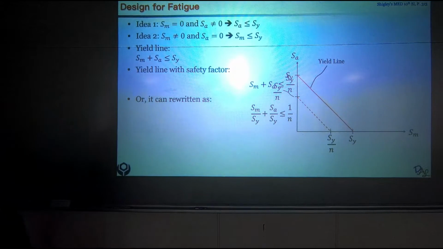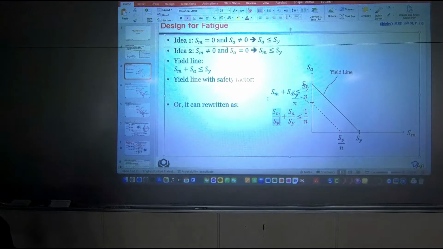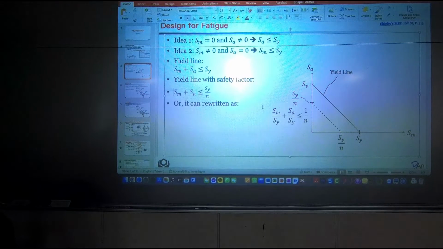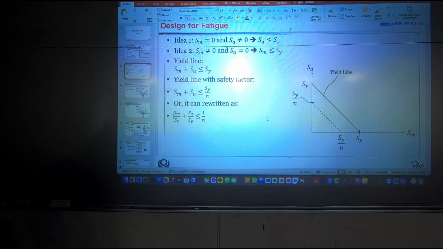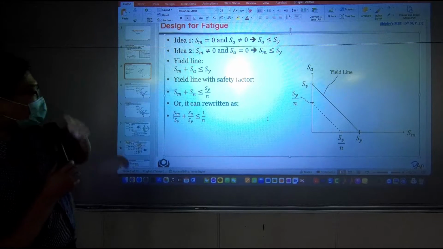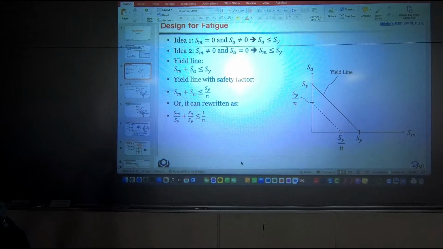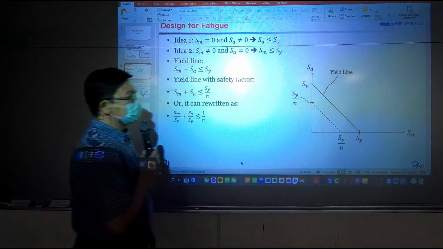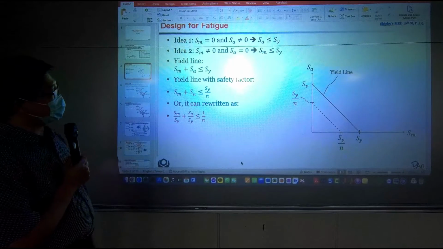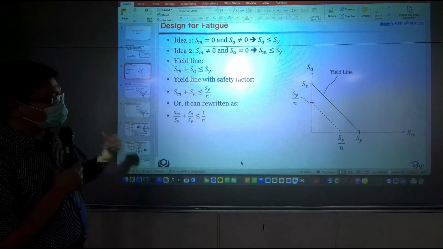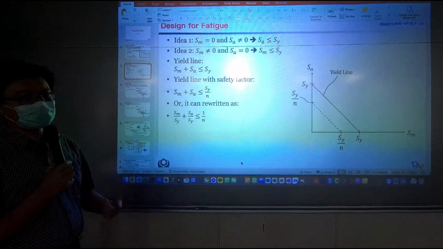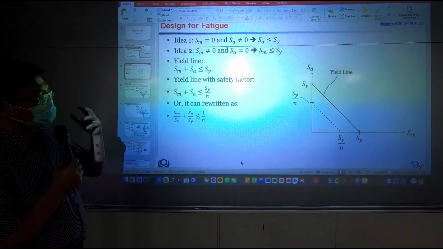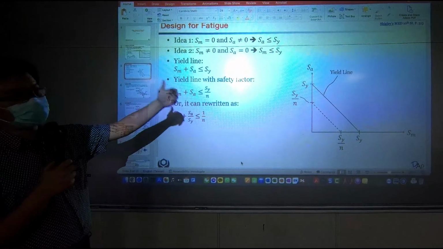I'm sorry about the fonts. The equation moves around. Okay, this is better. So this is the so-called yield line, where we believe the worst case of the loading should be smaller than your upper limit, which is yield strength.